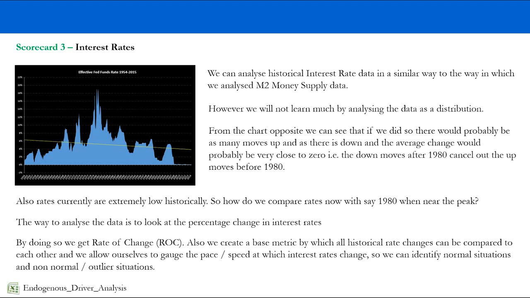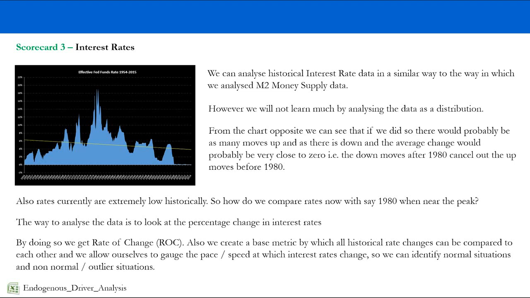Also, if you look at interest rates in recent history, they're currently at extremely low historical levels. So how do we compare rates now with, say, 1980, when they were near their peak? The way to analyze the data is to look at the percentage change in interest rates.